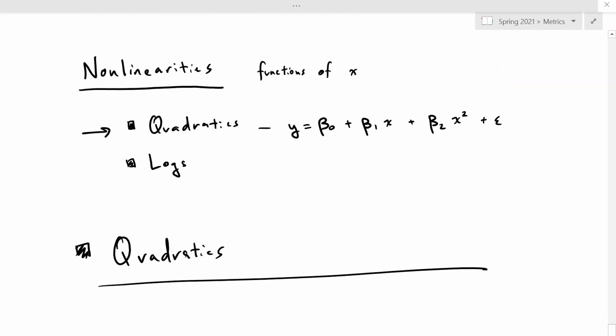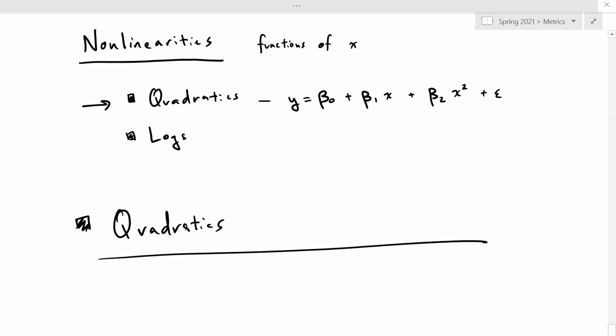Ultimately, the reason why you might consider using quadratics or log functions is you have to think about the data and think sort of intuitively about how this phenomenon that you're trying to model would look in real life.